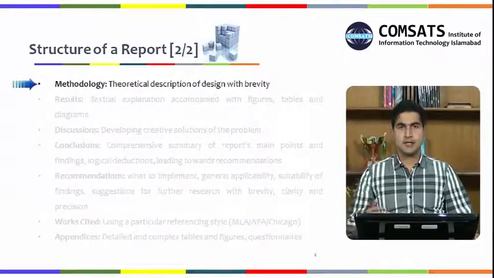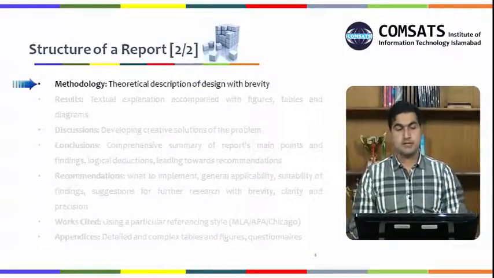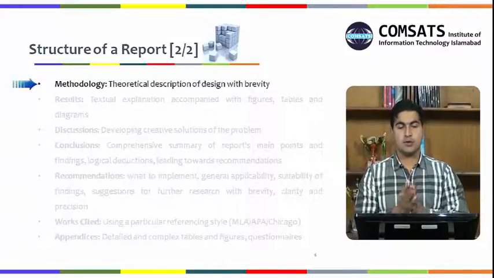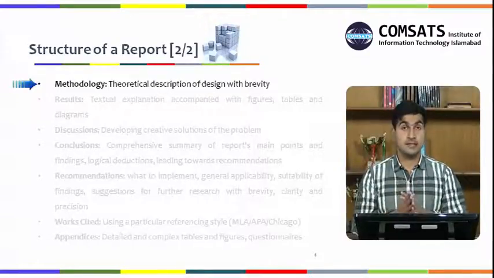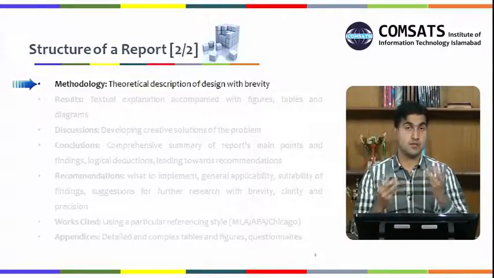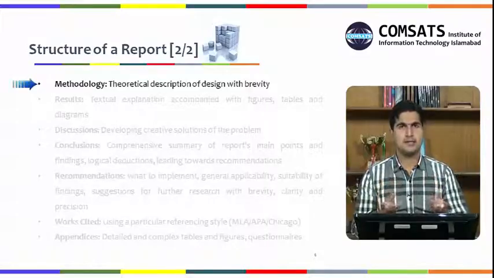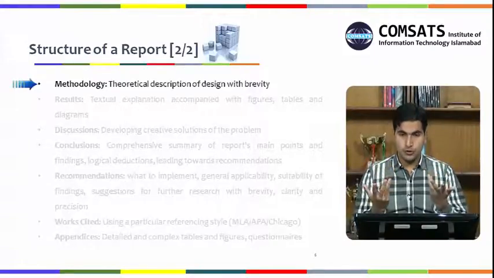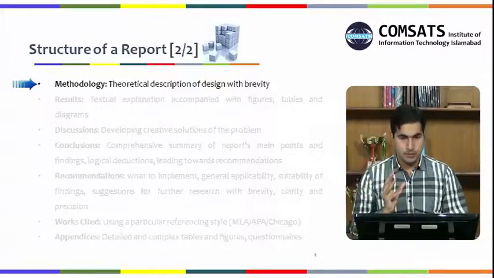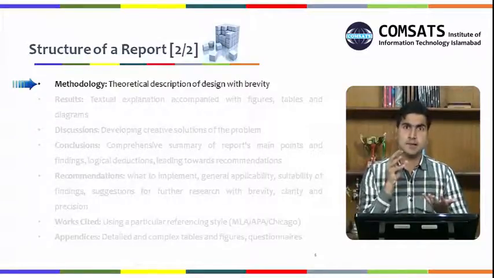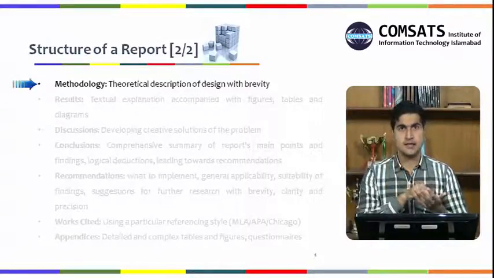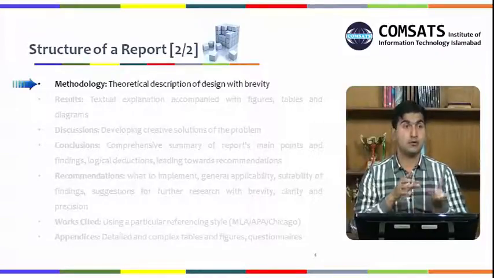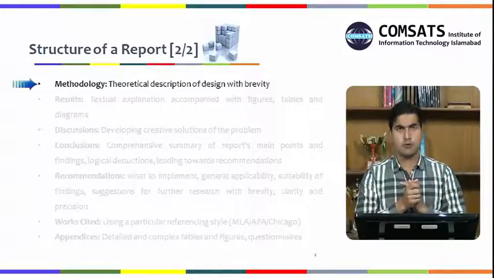You move ahead, the next section, of course, within your report structure is the methodology. And this is the one in which you provide a theoretical description of the design: what design was chosen, what the method is, what the basic source of data collection is, questionnaire, survey or interviews, what your population is, what your sample is, how you have collected that sample using a sampling technique, and whether there is any statistical technique that you will apply on the data which you will collect or have collected.